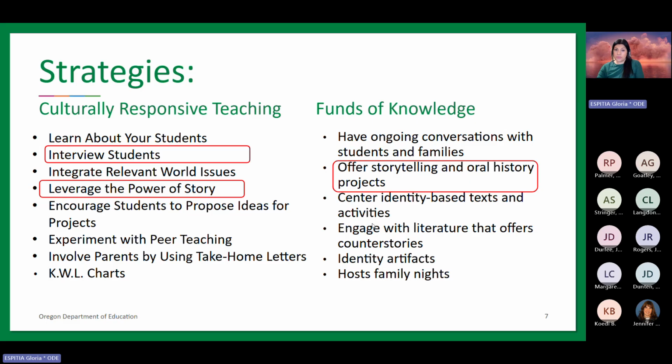In the first session, we went more in depth into funds of knowledge. Funds of knowledge refers to the wealth of cultural, linguistic, and experiential knowledge that students bring with them from their homes and their communities. It can be leveraged by using activities such as storytelling or oral histories, identity-based text, literature that challenges stereotypes about students, cultures, and communities, and counter stories.